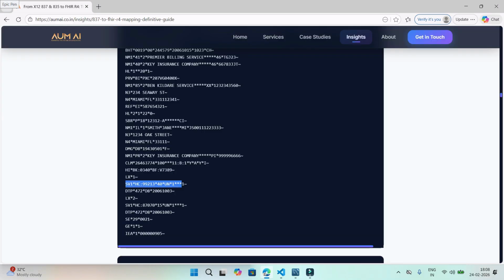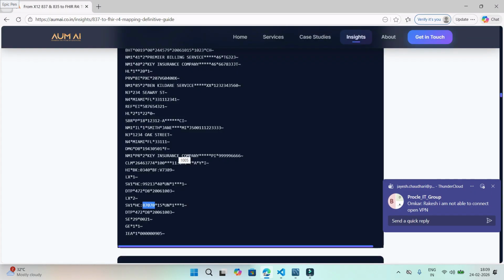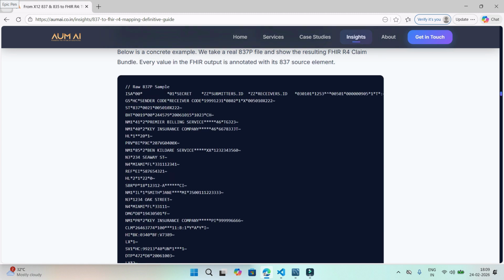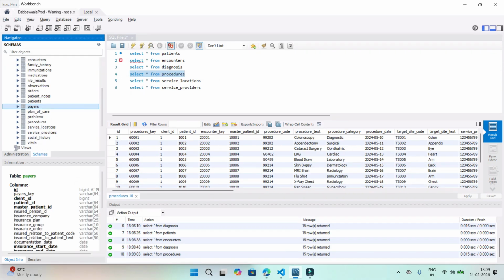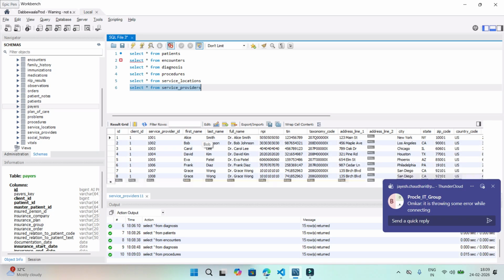The SV1, which is the service line information, which means all the procedure related information, goes into the procedures table. Loop 2010BB, where the payer's information goes, is stored in the payers table maybe. And your billing and rendering providers go into the service providers table.